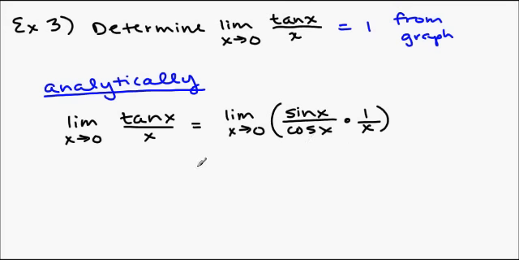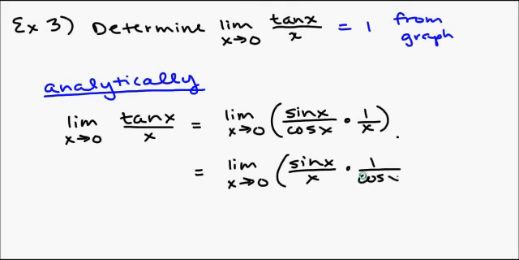But I want to rearrange this a little bit. And I can do that. I can swap the x and the cosine x. Okay, so the limit of sine x divided by x as x tends to 0 is 1.